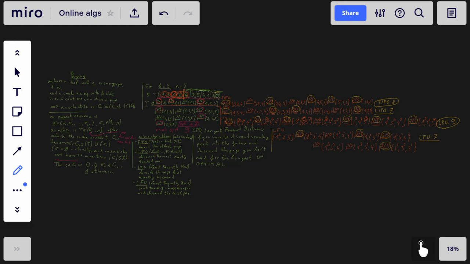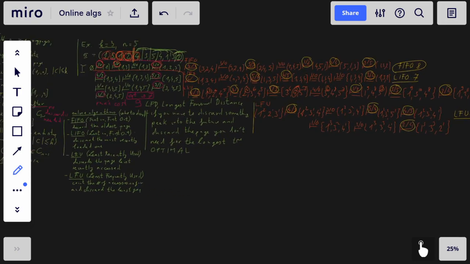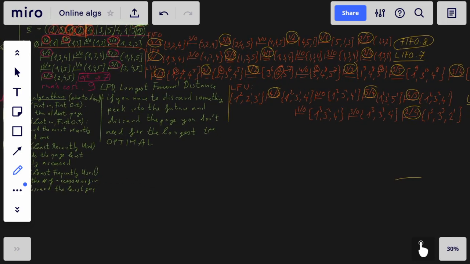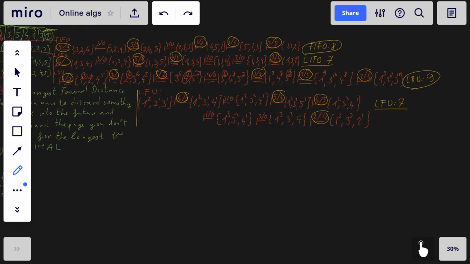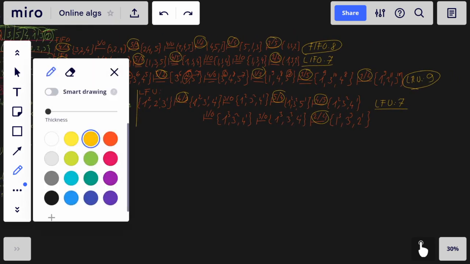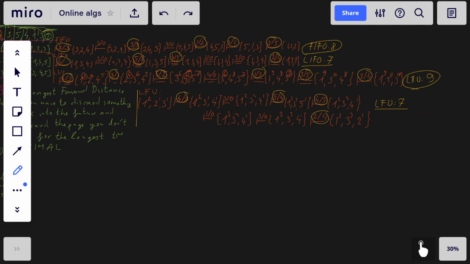So let's continue discussing the paging problem. In this previous example, the two seemingly best algorithms were the least frequently used and the LIFO.